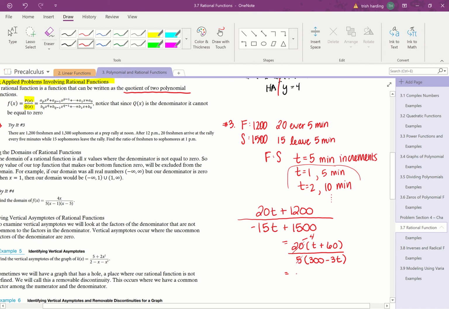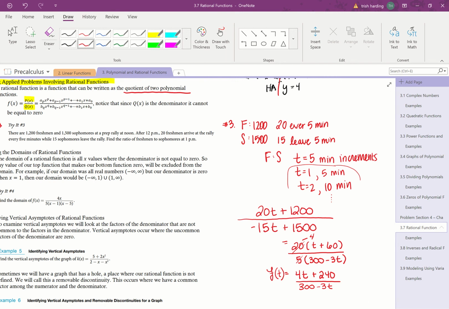And I'm just going to go ahead and multiply that in. 4t plus 240 divided by 300 minus 3t. And this would be our function of the ratio of freshmen to sophomores.